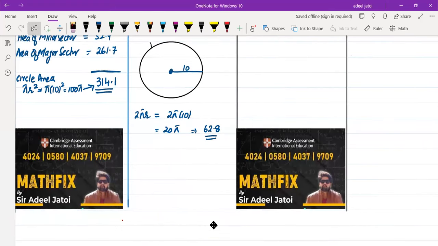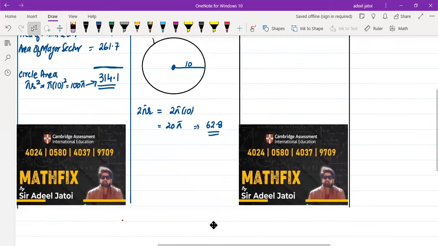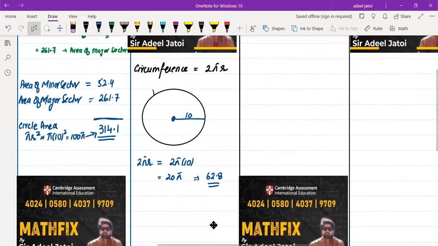Now, let's work upon the sector. Let's say this thing becomes your sector, and let's say this is 60 degrees. So if this is 60, then the other should be 300.